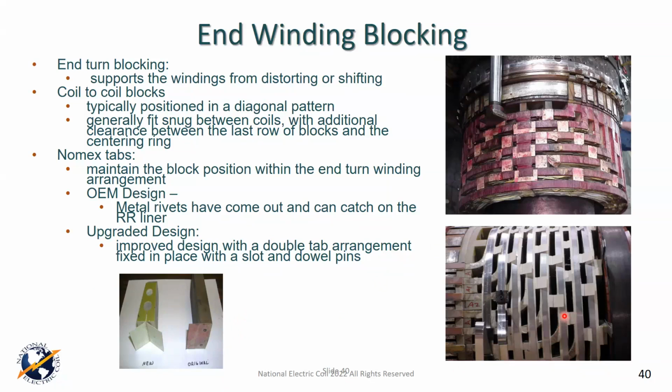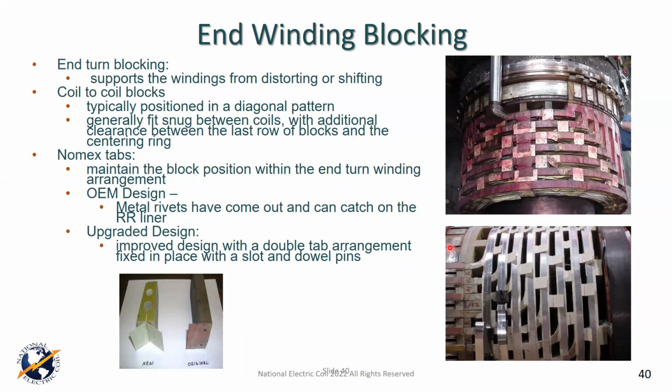Now you might recall we talked about the axial movement of the stator coil. Well, you've got to allow for axial movement in the rotor too. It's never a good idea to fight Mother Nature. The blocking, both coil to coil and end blocks, which these are end blocks that go in here, they're extending out to the end, all of these from the largest to the smallest coil back to the core.